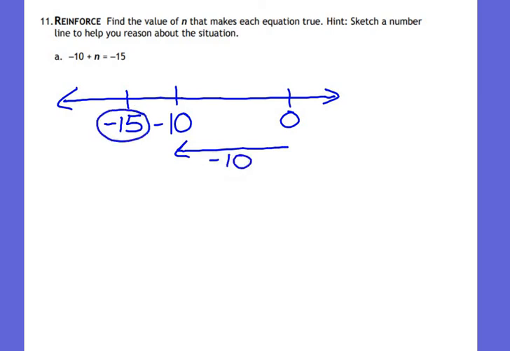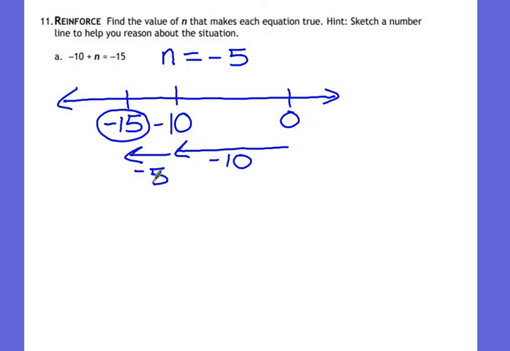Negative 15. Did it continue to the negative or go towards the positive? It continued to the negative. So what do I need to add to get a negative 15? Negative 5. Because it is 5 away in the negative direction. So n has to be negative 5.